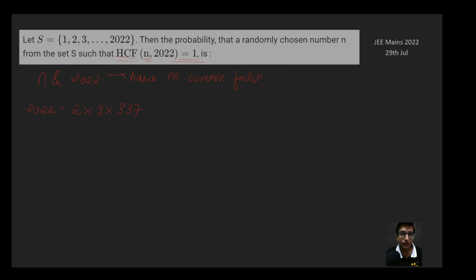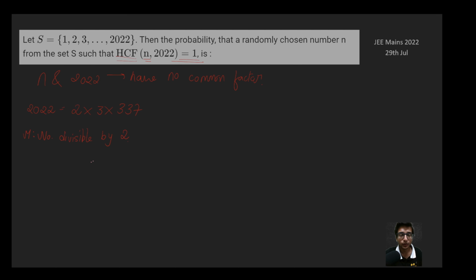So if from this set I remove all the values that are multiples of 2, multiples of 3 and multiples of 337, then for all the remaining numbers, the HCF with 2022 would come out to be 1, because of course they do not have any common factor with 2022. So now you have to use the concepts of arithmetic progression here. So first, let's say that there is a set M which has numbers divisible by 2.